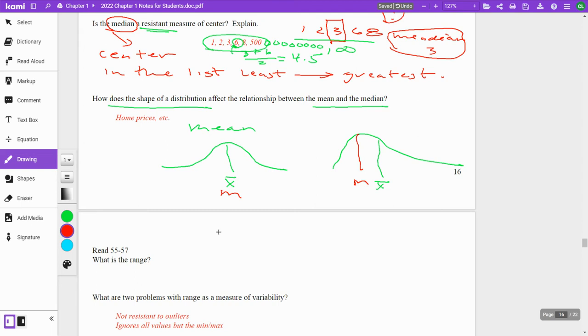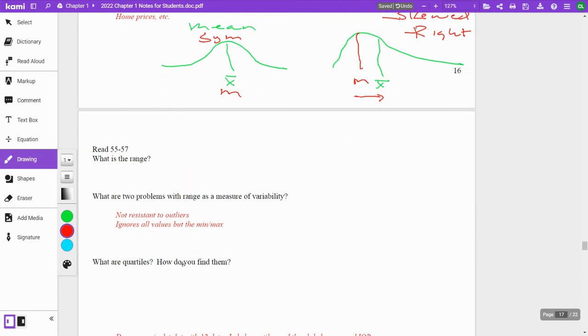Mean and median are the same for symmetrical or normal graphs. The word skewed: this one is skewed right. Looks like my right foot. Pinky toe over here, big toe over here. Why is it called skewed right? Because you've moved the mean to the right. That's how they affect those types of pieces.